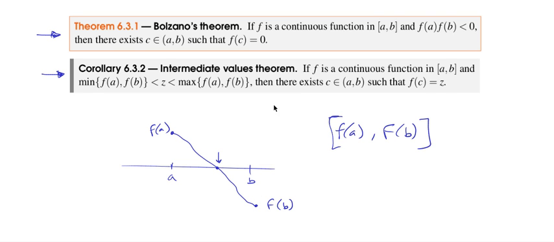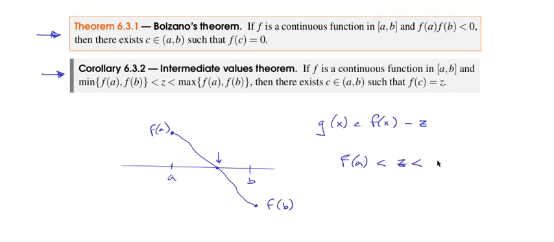Okay, and the proof of this is very simple, because we need to apply Bolzano's theorem. We define this function g(x) = f(x) - z, right? And it's continuous because it's the sum of two continuous functions. And so suppose that z is between f(a) and f(b), right?